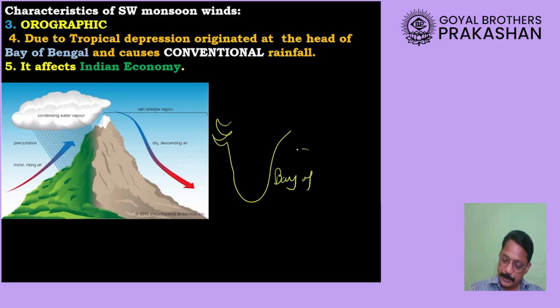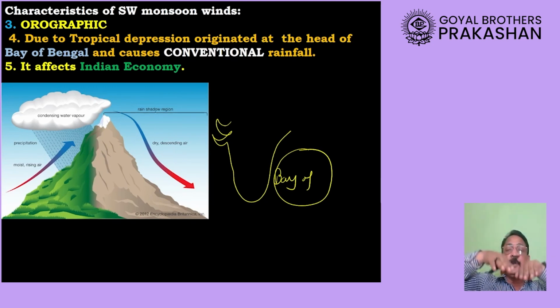The water over the Bay of Bengal begins to get heated, evaporates and starts rising upward over the Bay of Bengal itself. After going up, this water vapor will condense and again come down in the form of rain. So this kind of rainfall is called convectional type of rainfall.